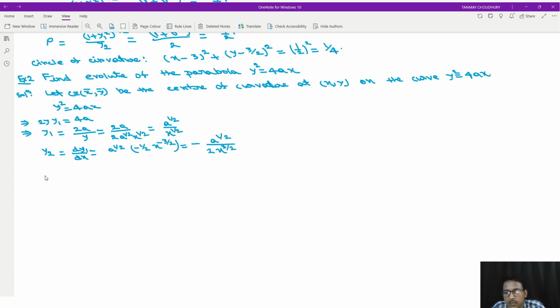And what is the value of the expression 1 plus y1 square divided by y2?